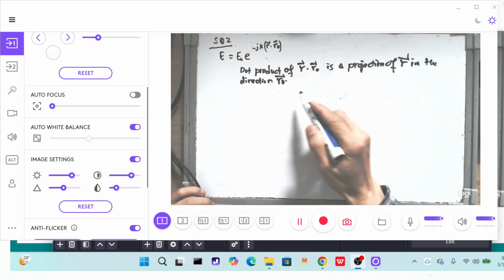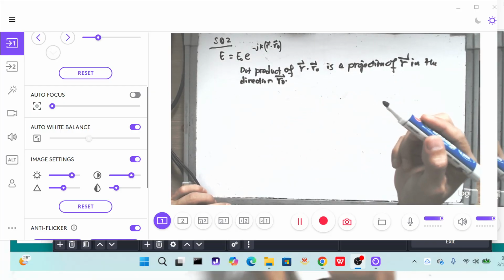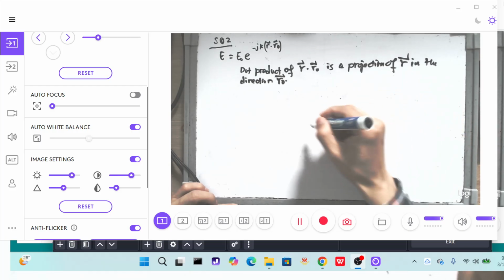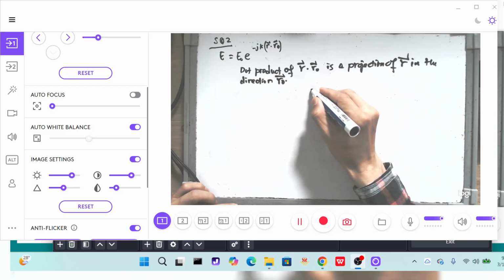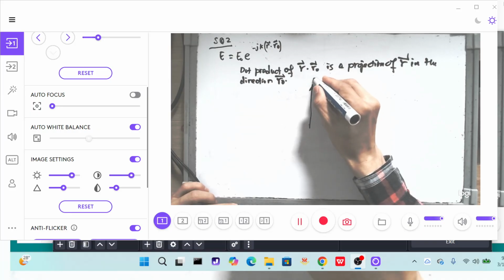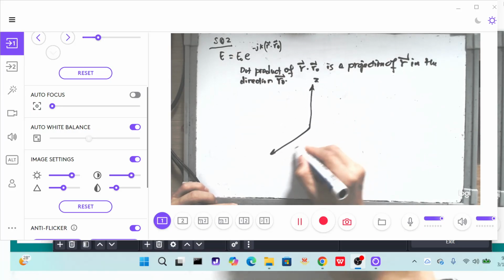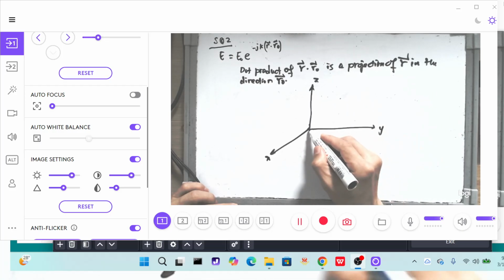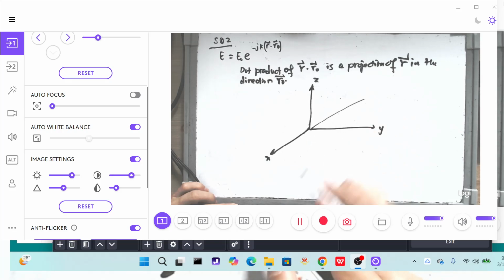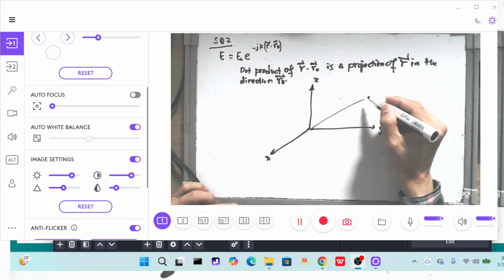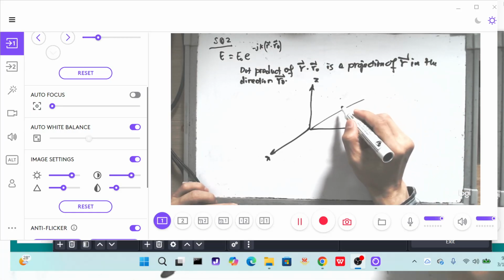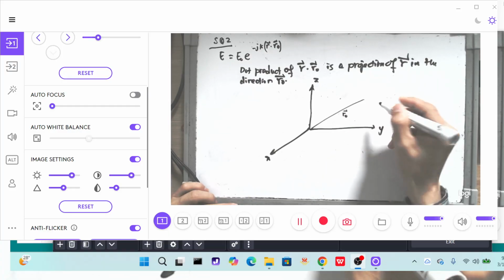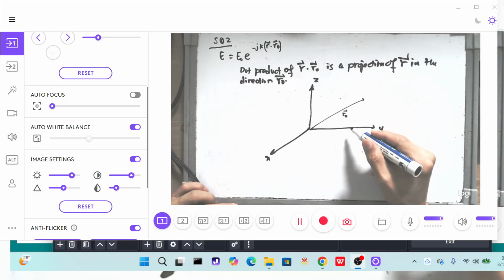So let's say we have a three-dimensional space, and we have Z, X, and Y, and we have a randomly chosen target, and this is represented by R naught. Let's take a look.